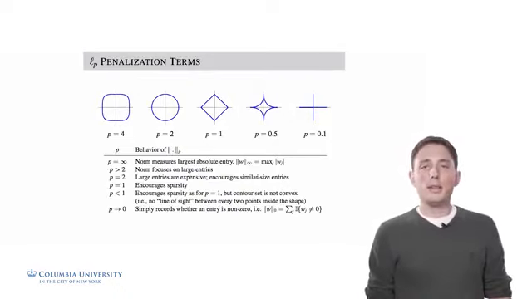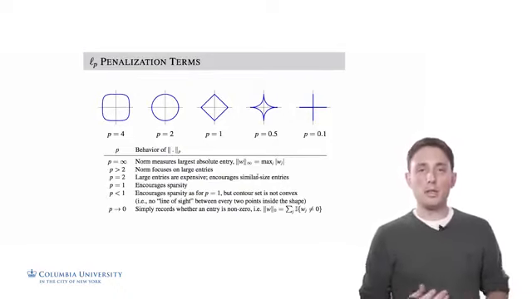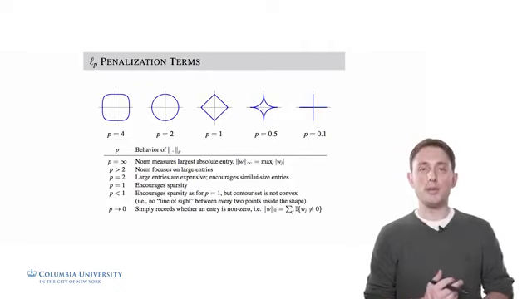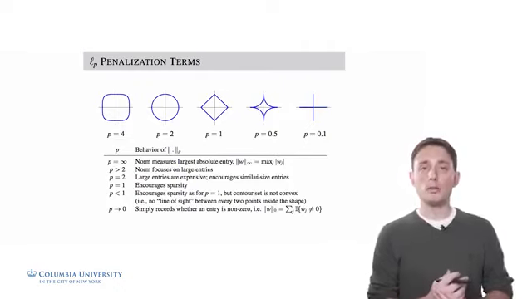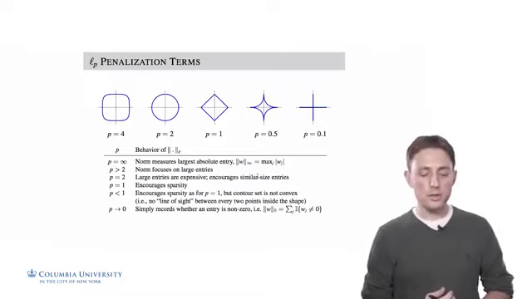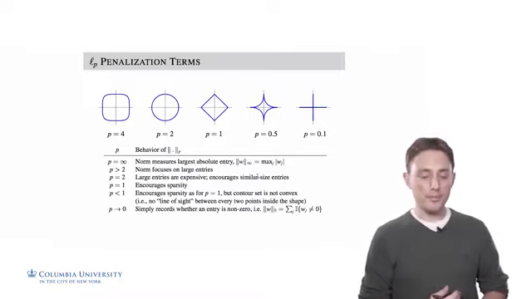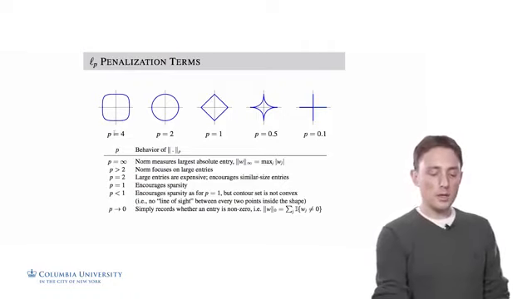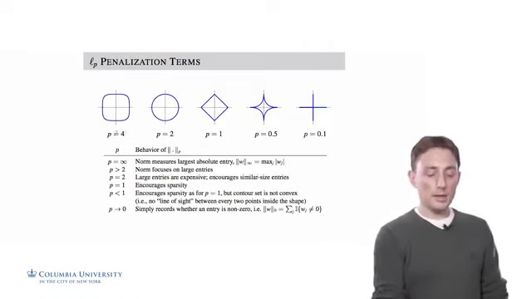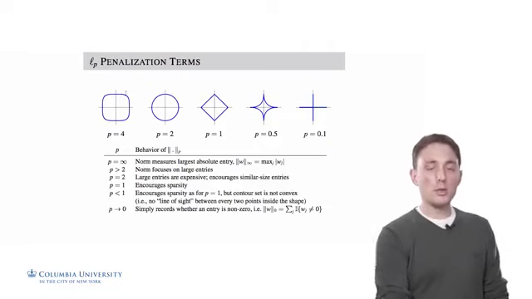And so if we look at the level sets of the penalty, this is how the penalty looks. This is not the goodness of fit term, but just the LP norm penalty on the coefficients in a two-dimensional problem, and we get something that looks like this. When P gets larger, we get penalties that look more square.